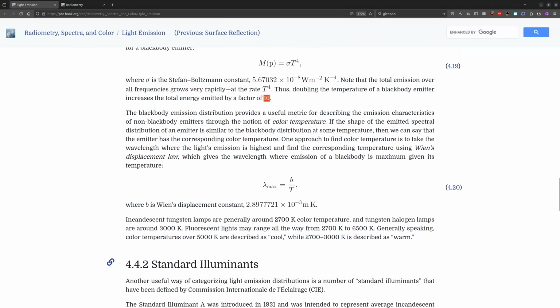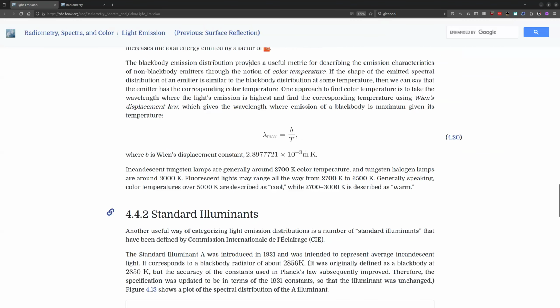Black body emission provides a useful metric describing emission characteristics of non-black body emitters through color temperature. If the shape of the emitted spectral distribution is similar to the black body distribution at some temperature, it has a corresponding color temperature.